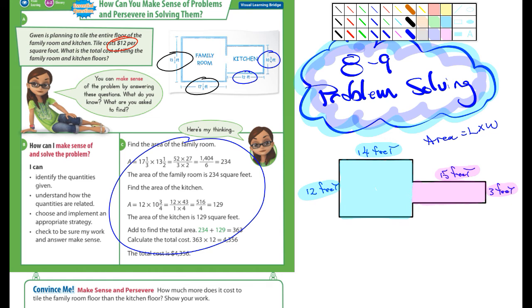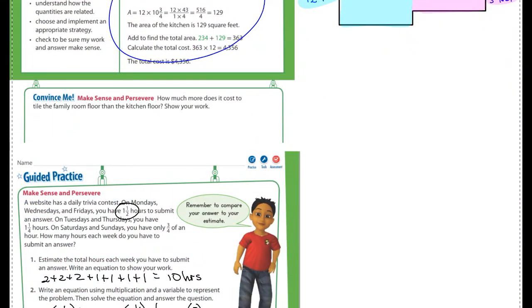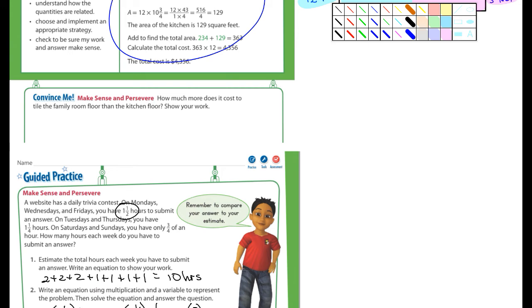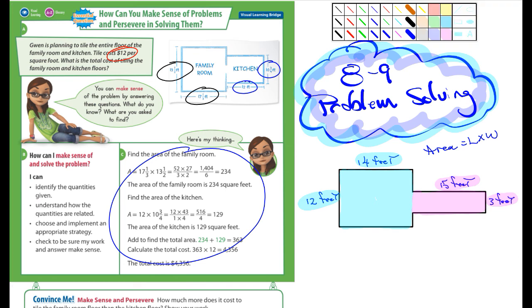And then in the Convince Me: how much more does it cost to tile the family room floor than the kitchen floor? Show your work. Well, once you figure out the size of each room, you could subtract one from the other and then multiply it by the cost per square foot, which they talked about here.